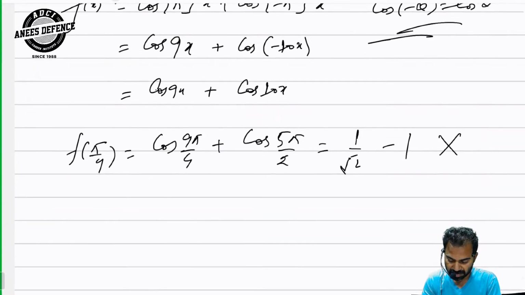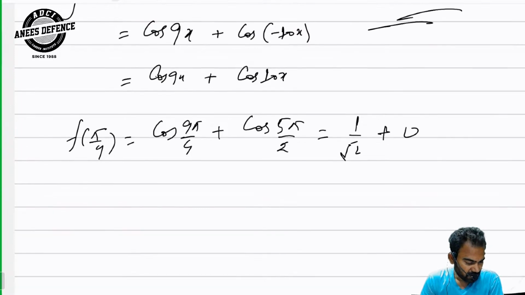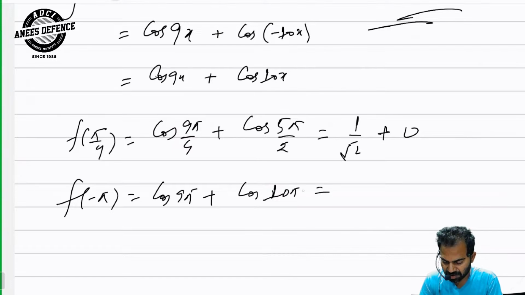Sorry, this is 0. Was wrong. This is 0. Now if you take f of minus pi, cos 9 pi plus cos 10 pi, cos 9 pi is minus 1 plus cos pi is plus 1. This will be 0.